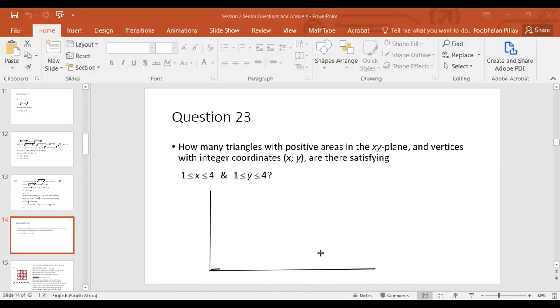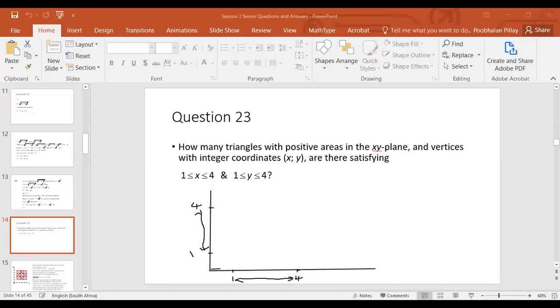X lies between 1 and 4, so x is somewhere here. And likewise, y lies between 1 and 4, but that's in the y coordinate. So y is here. So you want both of them to be satisfied.